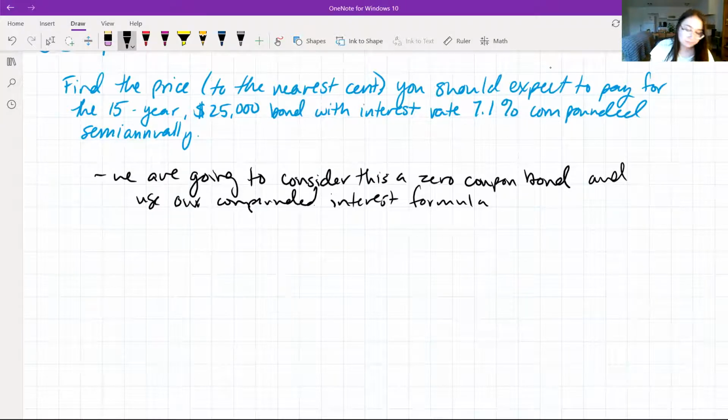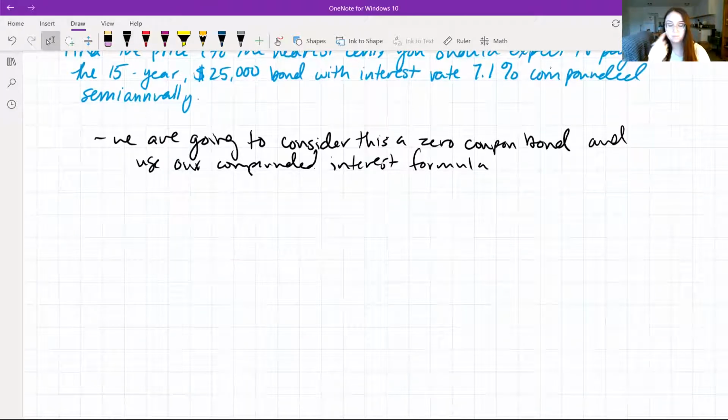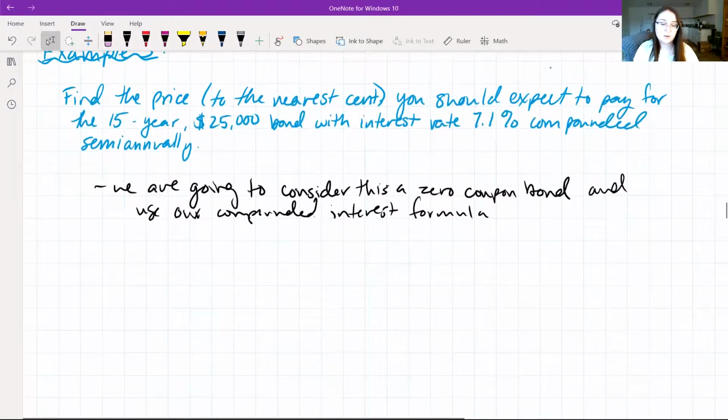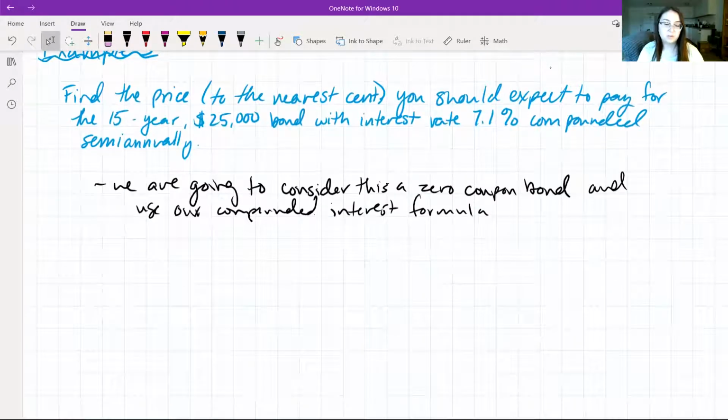And we want to solve for our present value because we want to find the price that we should pay for this bond.